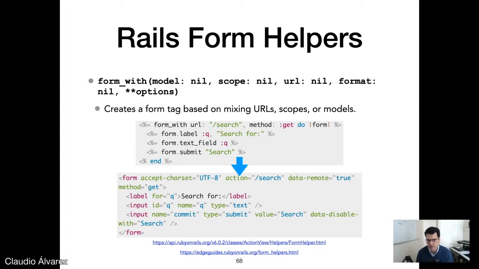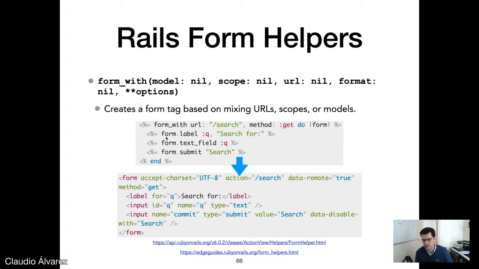And you see that within the form_with declaration, there's a form label declaration. See that at the end of the line here, you've got a Ruby block, and you've got a block variable. The block variable yielded after this is the form variable. So you attach elements to the form by using this variable.